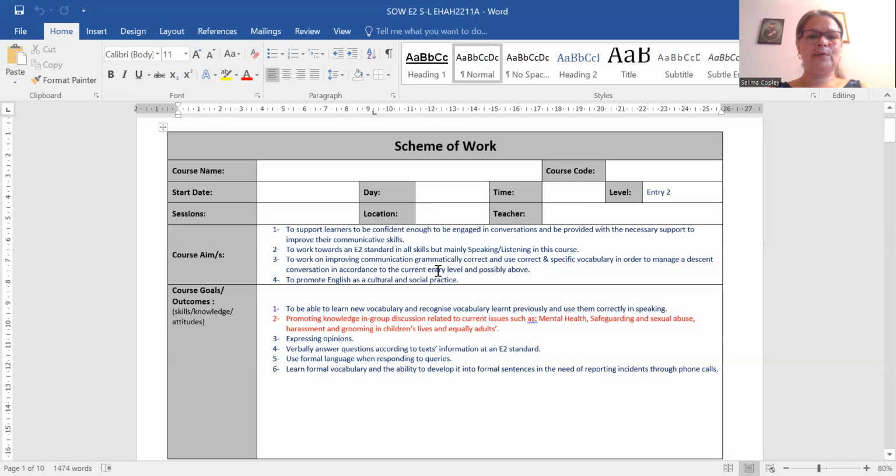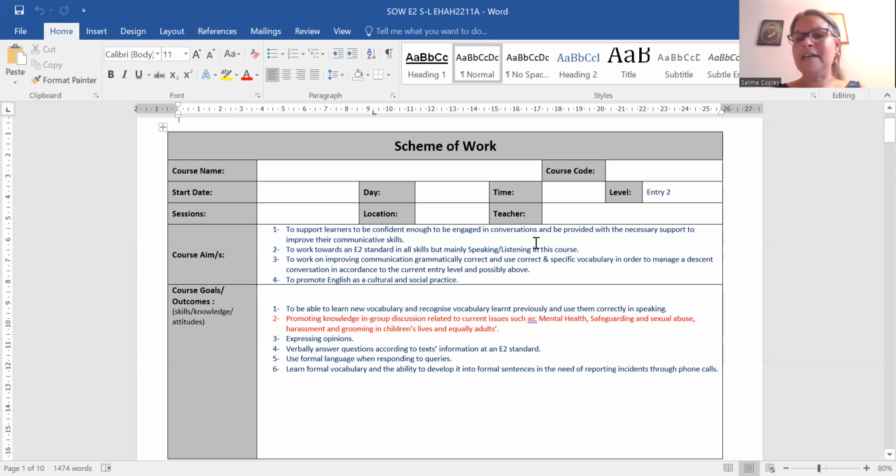I'm going to read the first page for you because I need to explain a few things. For your course aim, my first aim for this particular course, I think it was about a year ago, was to support learners to be confident enough to be engaged in conversation.